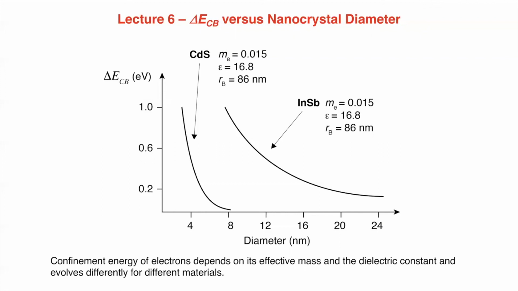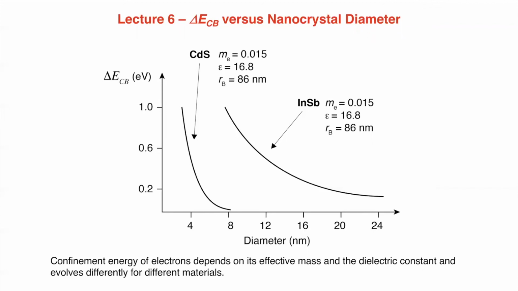And so what that means is that as you change the dimensions of the crystal, the energies that you get vary, and they vary to different extents. So the increase in energy happens at much larger dimensions in indium antimonide than it does in cadmium sulfide. Cadmium sulfide, you've got to get all the way down to 10 nanometers or less. Indium antimonide starts showing effects around 25, maybe 50 nanometer size pieces.